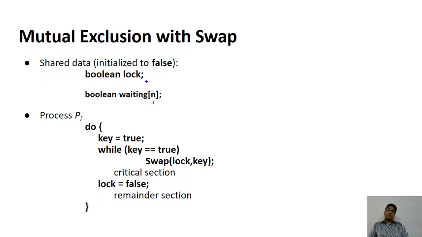So how do I go about it? In order for me to enter into the critical section, I need a key. Again, it's a Boolean value. It is a very simple procedure. You can say lock or key, one and the same. Assume that you got the key. As long as you have the key, you can interchange the key with the lock. So if you have the key, you can lock it, in other words.